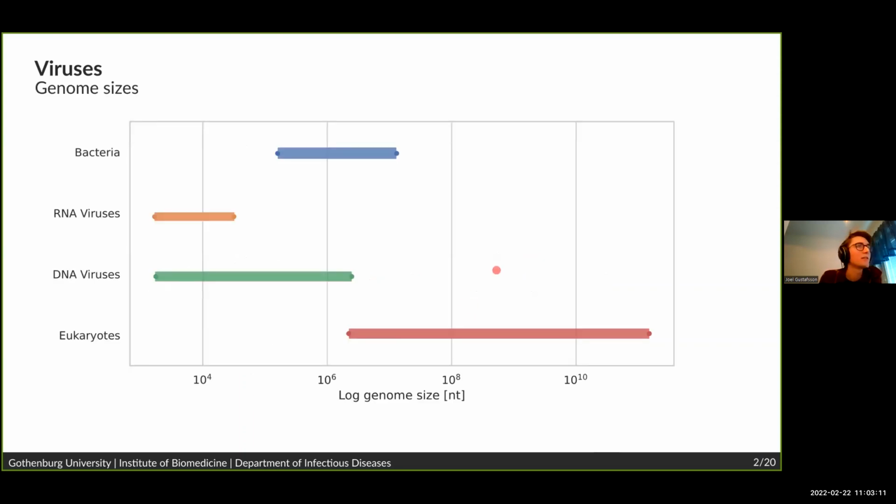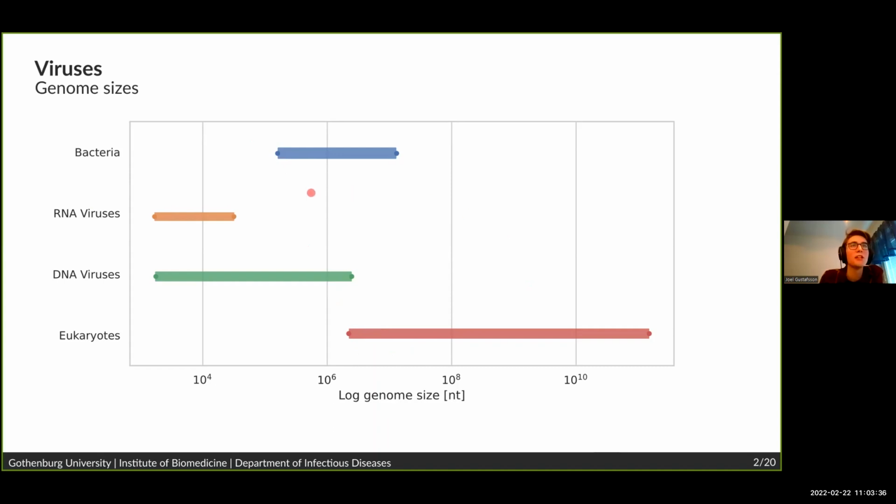In comparison to other classes, we can see that RNA viruses, as I mentioned, are pretty short. DNA viruses actually rival bacteria in terms of genome size. Of course, the number of DNA viruses that are this large is quite small, but still it's quite remarkable. And even some eukaryotes are similar in genome size.